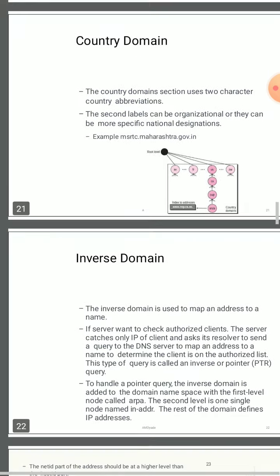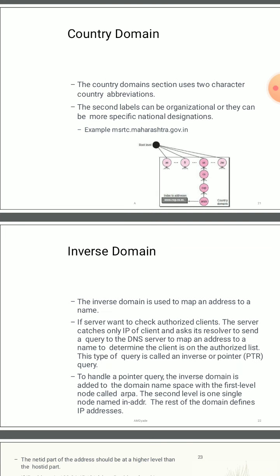So next is the country domain. What does country represent? Country represents the dot followed by the country name. So in India we use .in to represent the country. In the US, in America, we use the .us extension for the country domain.